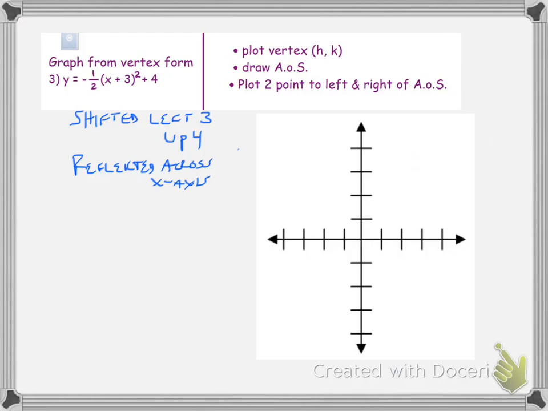And because the absolute value of that A is less than 1, it's going to be compressed. So that means it's going to be wider than the parent function. So it's compressed by 1/2.